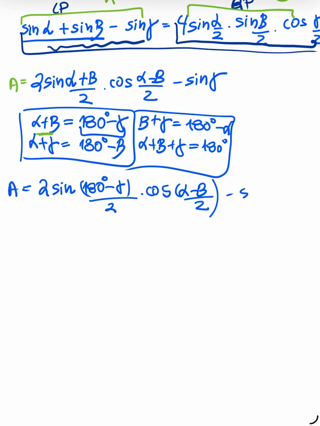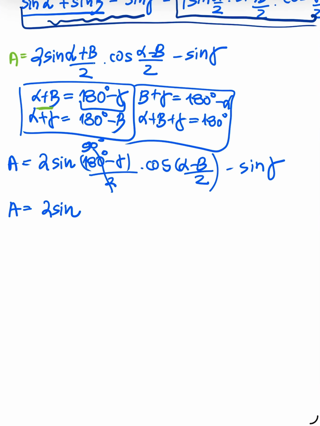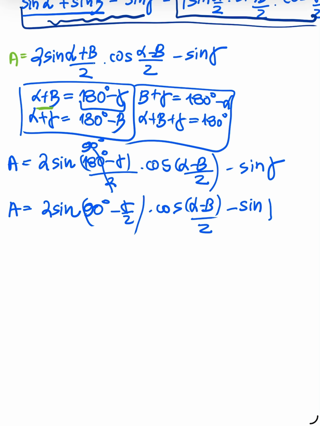So now A is equal to 2 sine of (180 divided by 2, which is 90 degrees, minus gamma divided by 2) times cosine (alpha minus beta) divided by 2 minus sine gamma.